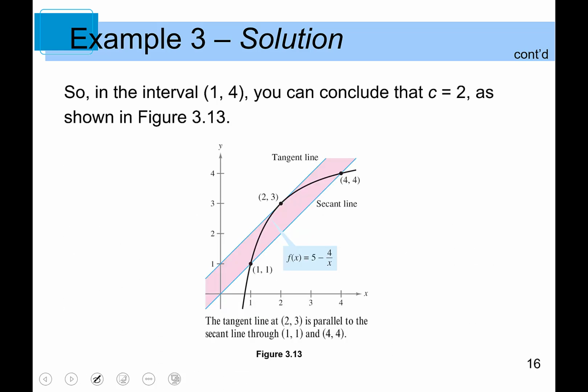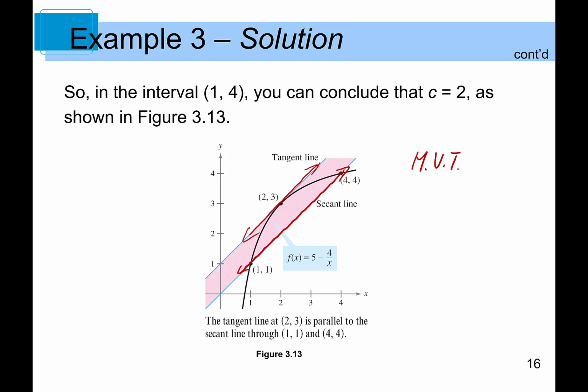You can take a look at the detailed solutions. I just want to show you the graph. When you graph it, it looks like this. So the slope of the tangent line is right here, right? This is the slope, equal to the slope of the secant line passing through these 2 points. And this is the essence of the mean value theorem, M.V.T. The tangent line at 2, 3 is parallel to the secant line through 1, 1 and 4, 4.